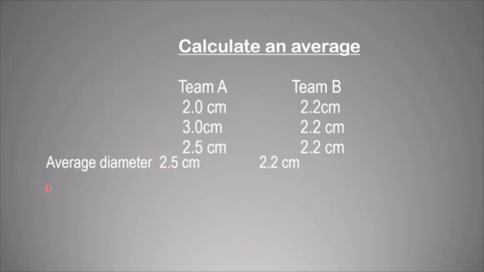So now we can use the data that we have on the screen to understand precision and accuracy. Precision refers to closeness of a series of measurements on the same object to one another. In our example, Team B was precise because its measurements were all the same and thus as close to one another as possible.